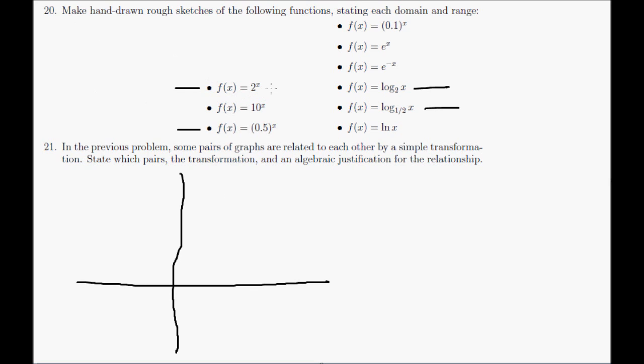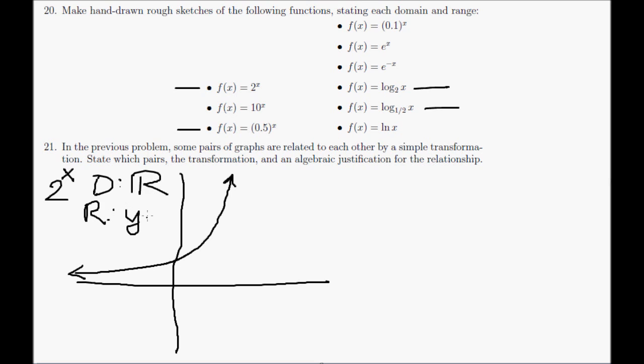The graph of 2 to the x will go like this. So the domain is going to be all real numbers, while the range will be that y has to be greater than 0.